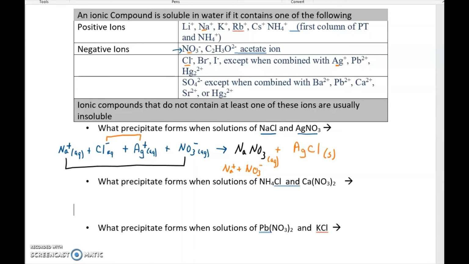So let's see what happens when we mix ammonium chloride and calcium nitrate together. We'll get ammonium ions and chloride ions and calcium ions and 2 nitrate ions.